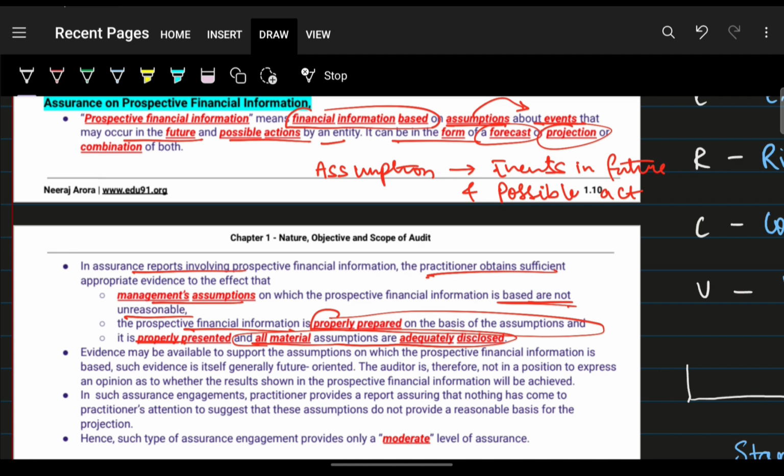In an assurance report involving prospective financial information, the practitioner obtains sufficient and appropriate evidence to the effect that the assumptions taken by the management are not unreasonable, and the prospective financial information is prepared properly as per the assumptions that are reasonable.